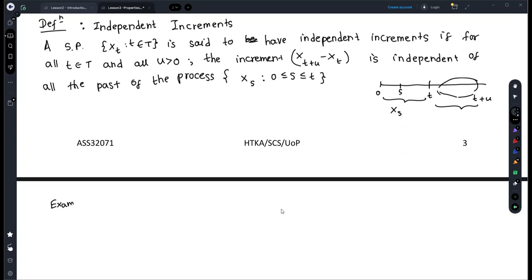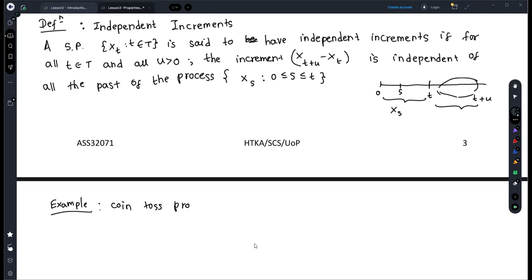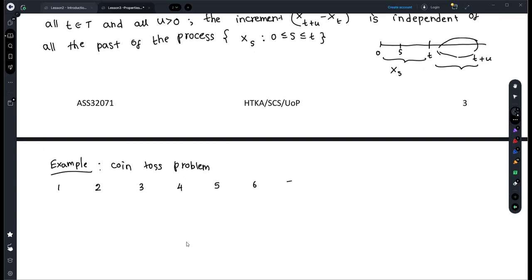Shall we use the same coin toss? It's the same coin toss problem. I'll take some patterns of H and T, no need to be the same.